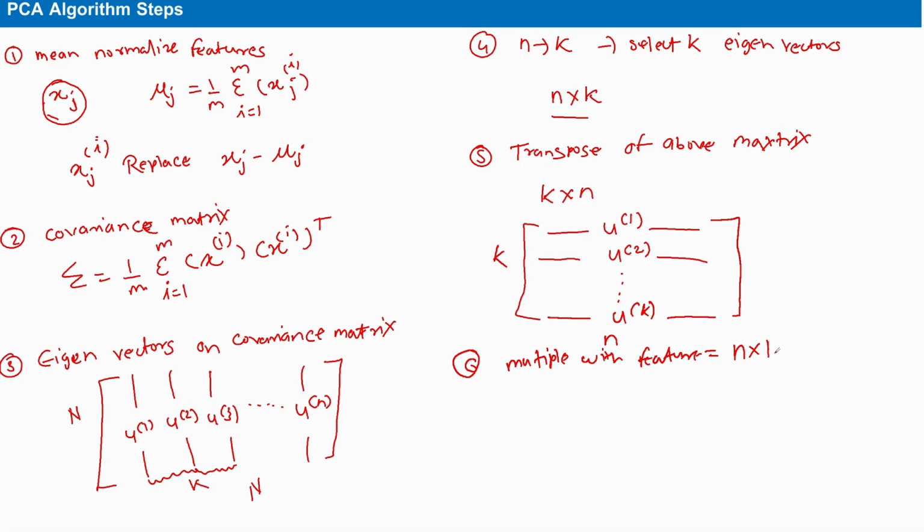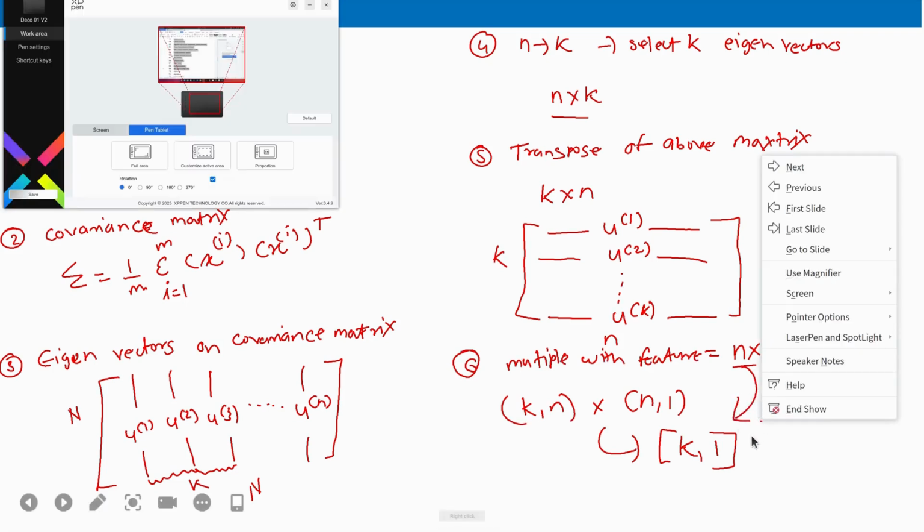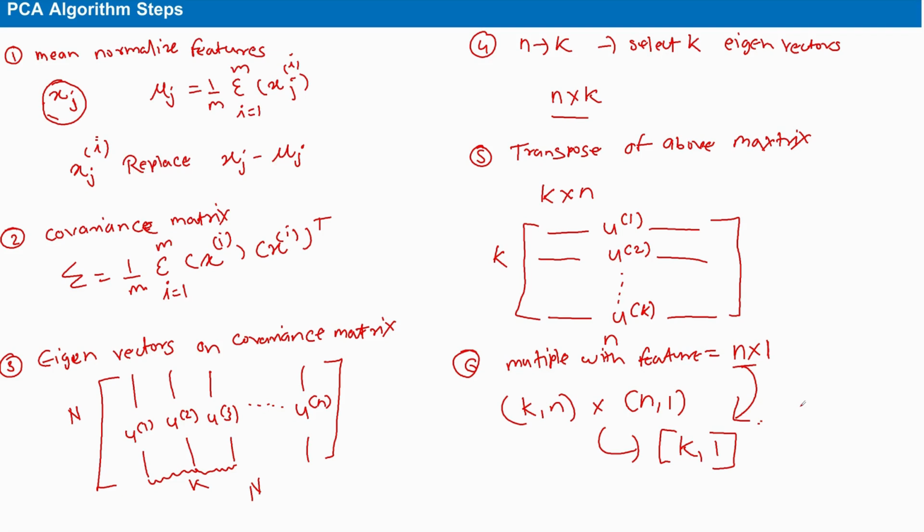After multiplying this k by n matrix with the n by 1 matrix, I will get a k by 1 vector, which is nothing but the n features transformed into k features. Like that, there are a total of 6 steps inside the PCA algorithm.